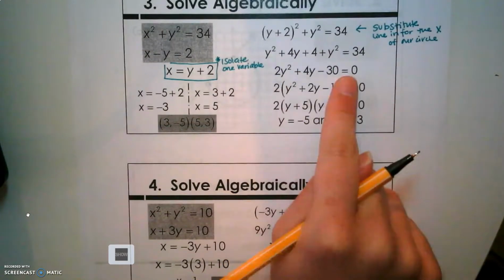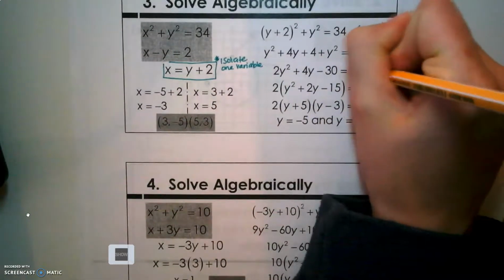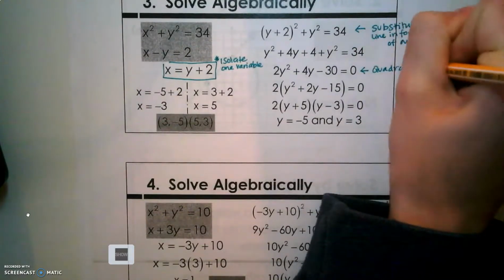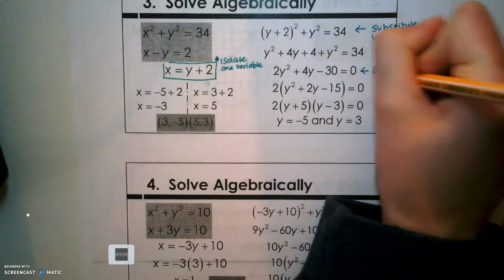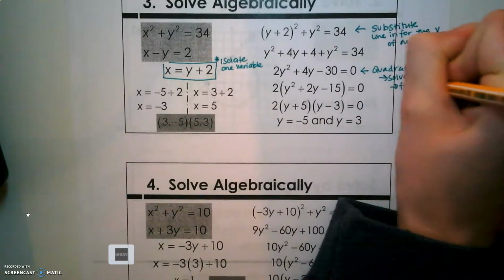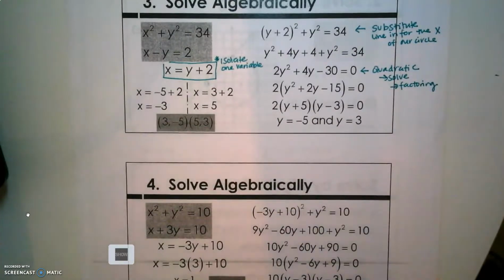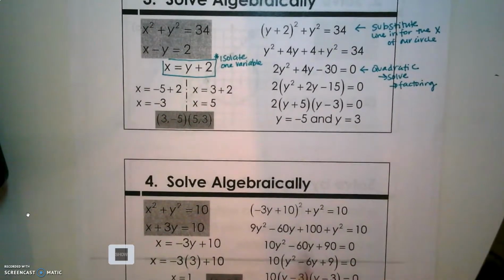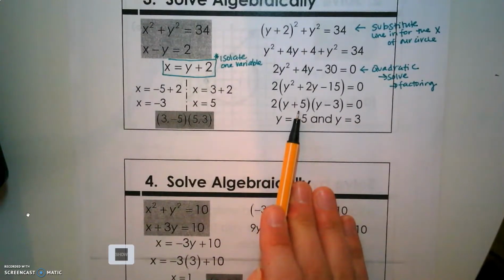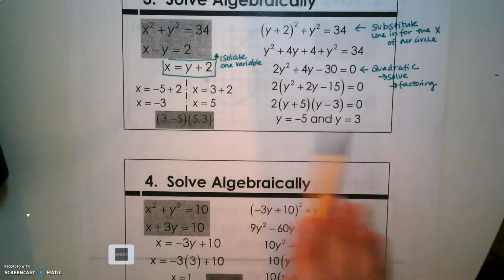When we multiply it out, we get something that's quadratic. And if we're solving, we're going to solve by factoring. It's come back again to haunt you. There is a GCF. We can factor, and we have both of these y values.